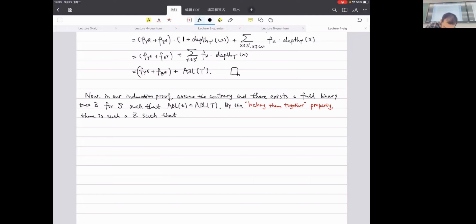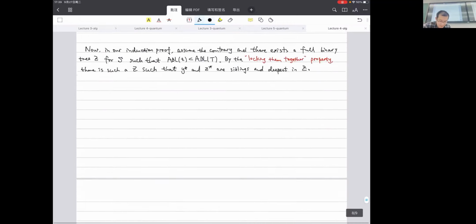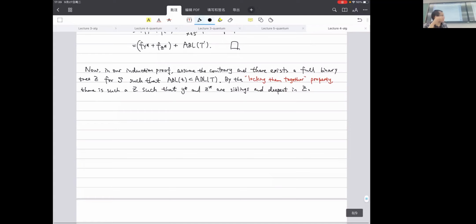So we can make a rearrangement such that y star and z star are siblings and deepest in Z. Okay. So I guess this is relatively straightforward, and we want to use the induction to attack the assumption here, and get a contradiction.